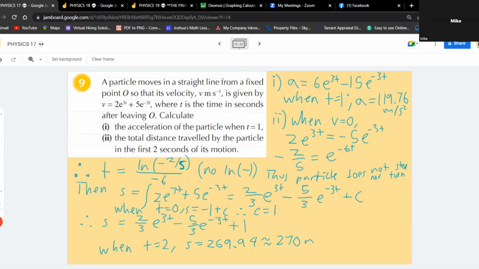So S equals 1/3 e to the 3t minus 5/3 e to the minus 3t plus 1. So when t equals 2, 6, S equals 270 meters. Okay. Sige. Next.